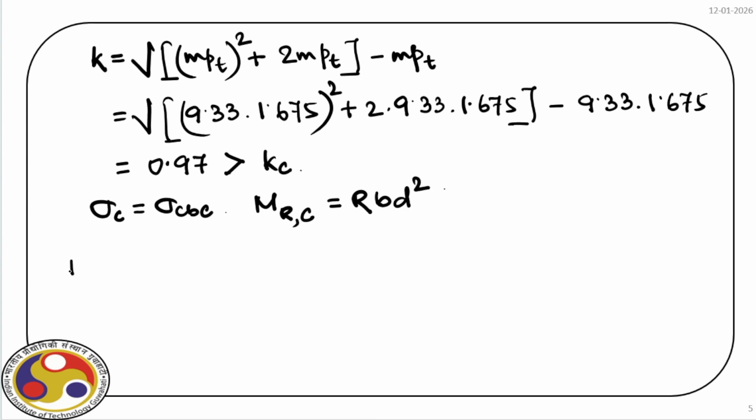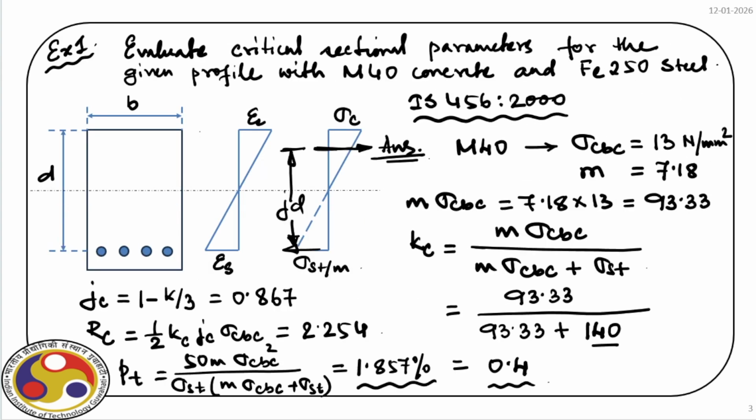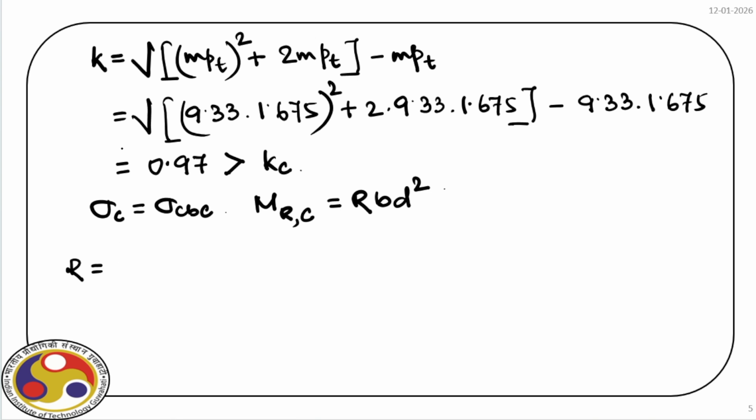We have to once more find out R based on this K value. Earlier we derived in the previous problem R, that is half Kc Jc sigma CBC, that is for balanced section, but here we have an over reinforced section with this value of K. So it is half K J sigma CBC.